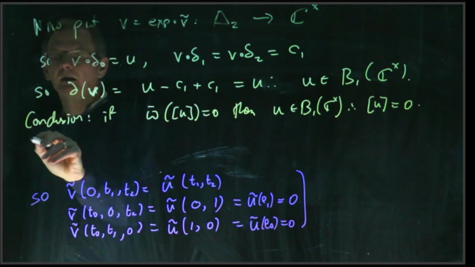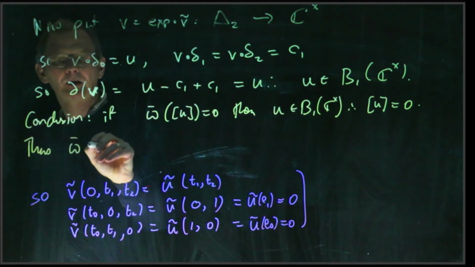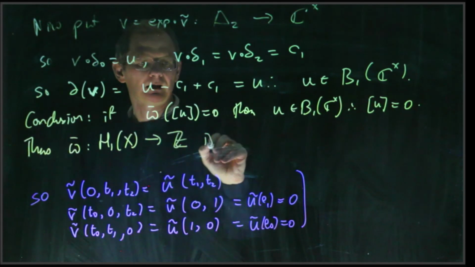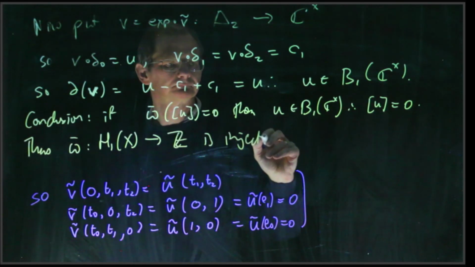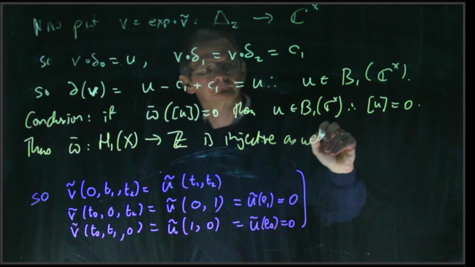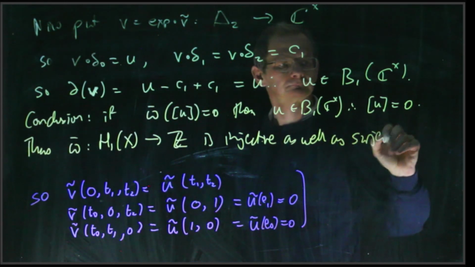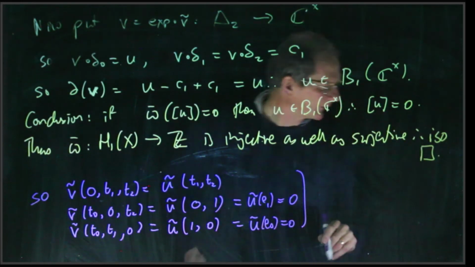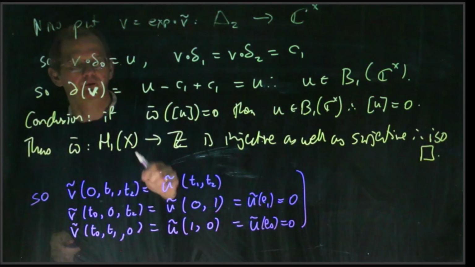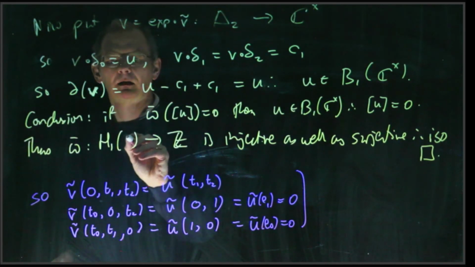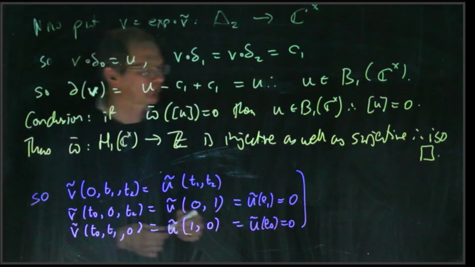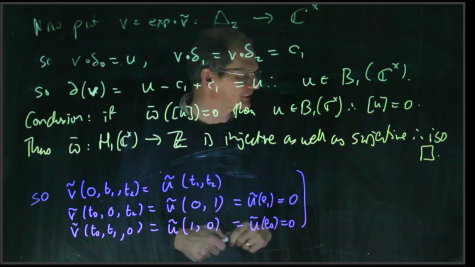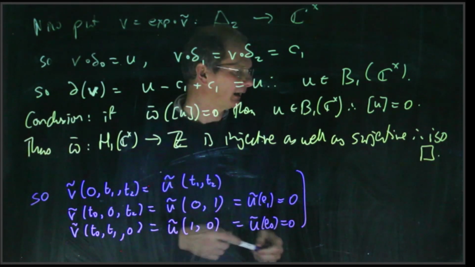Also, the map omega bar from H1 of C cross to Z is injective as well as surjective, so it's an isomorphism. So that completes our proof. This is our first really non-trivial calculation in homology: that the first homology group of the punctured complex plane is isomorphic to Z.